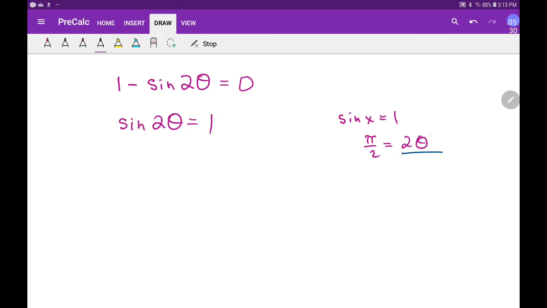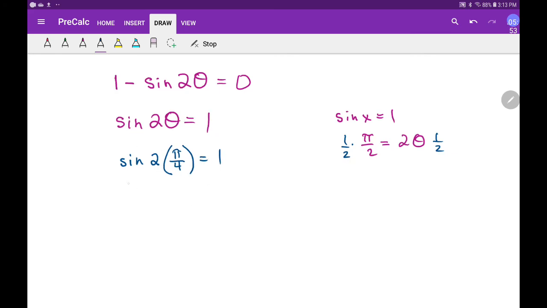Any other time? No, I think that's the only time. So I'd rather do it this way. Makes it more clear. If I say the sine of 2 times pi over 4, that gets me 1. Is that true? Well, the 2 cancels with the 4, and I get the sine of pi over 2, and that is equal to 1. And I say, okay, that's great. And then it's bound to repeat itself a little bit.